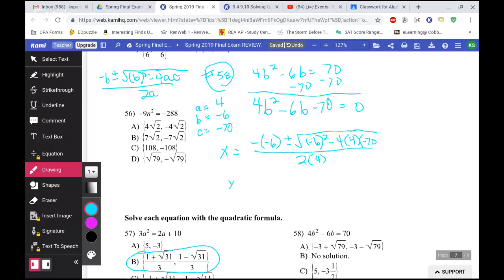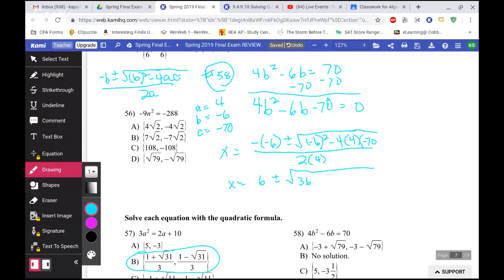So the opposite of B, so that's minus 6, so the opposite of B is going to be 6 plus or minus. Then -6 squared is 36. Now, you want to look at this second part under the radical. You've got a -4. Remember, every sign has a number and every number has a sign in algebra.